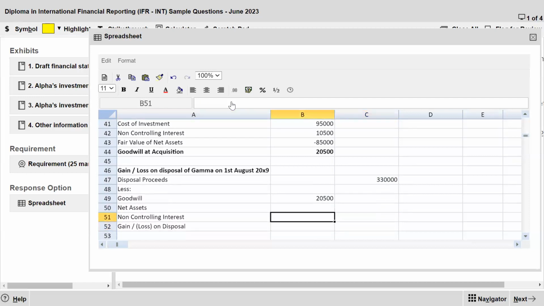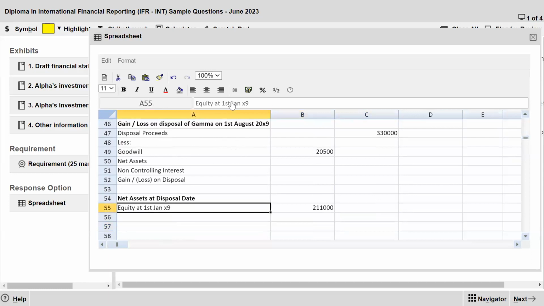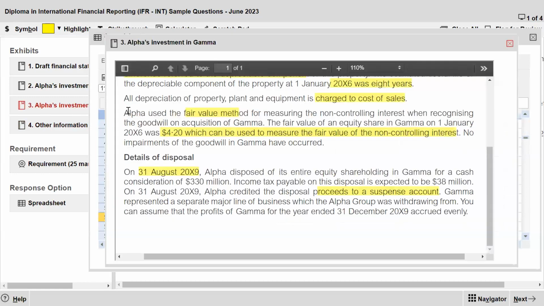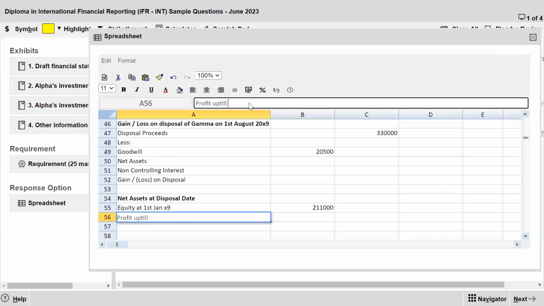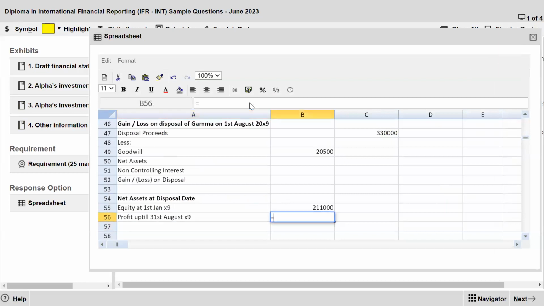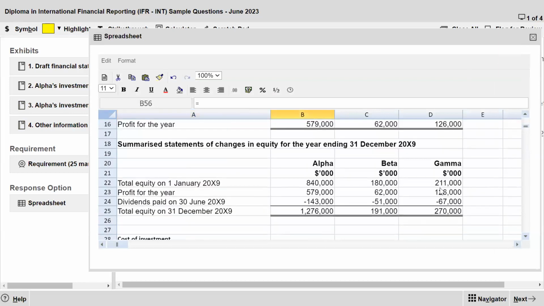Then the net assets need to be calculated. So for the net assets at disposal date, this is what it is going to be. The profit up till 31st August X9: the profit for the year is 126,000 multiplied by 8 divided by 12, since up till August it was 8 months.